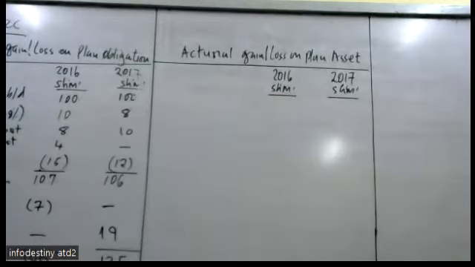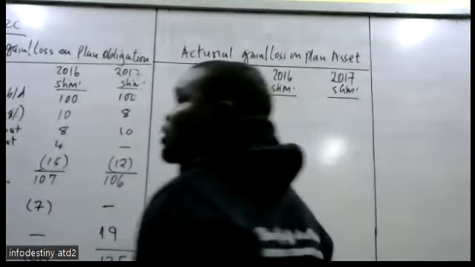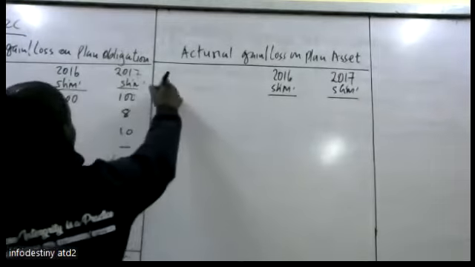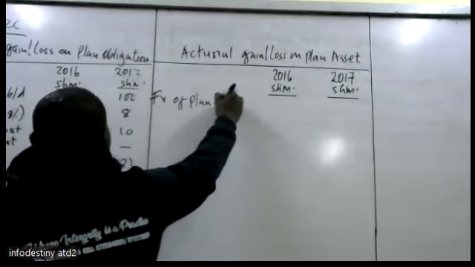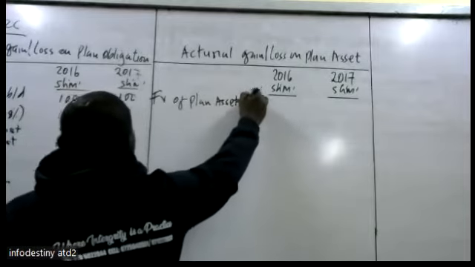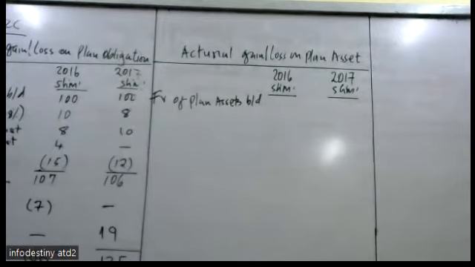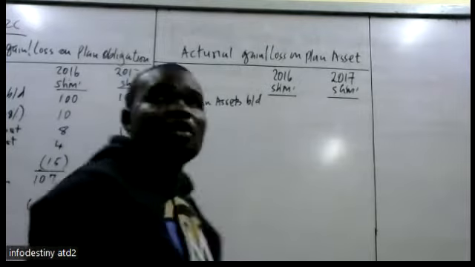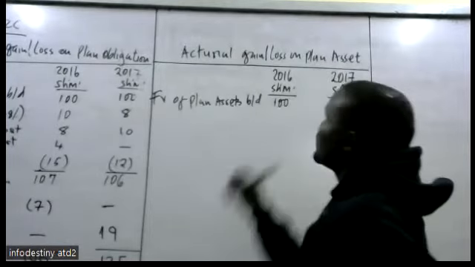Shall we kick off? Yes, kick off. So assets are measured at fair value of plan assets brought down. So I saw both, what, 100. So 100, give us there.